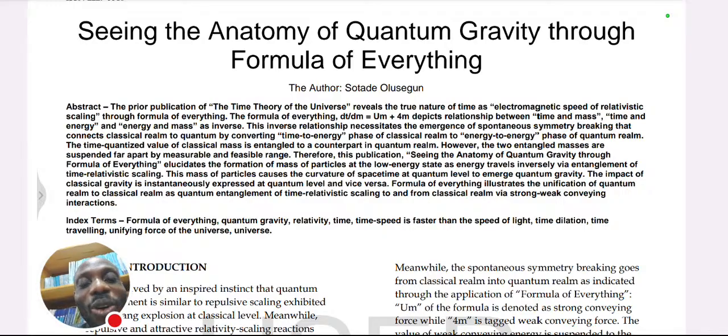The impact of classical gravity is instantaneously expressed at the quantum level and vice versa. Formula of everything illustrates the unification of the quantum realm to the classical realm as quantum entanglement of time relativistic scaling to and from the classical realm by strong, weak conveying interactions.